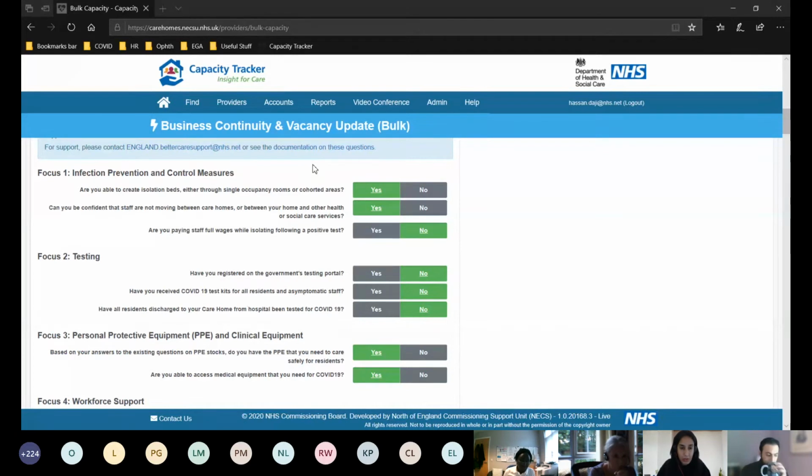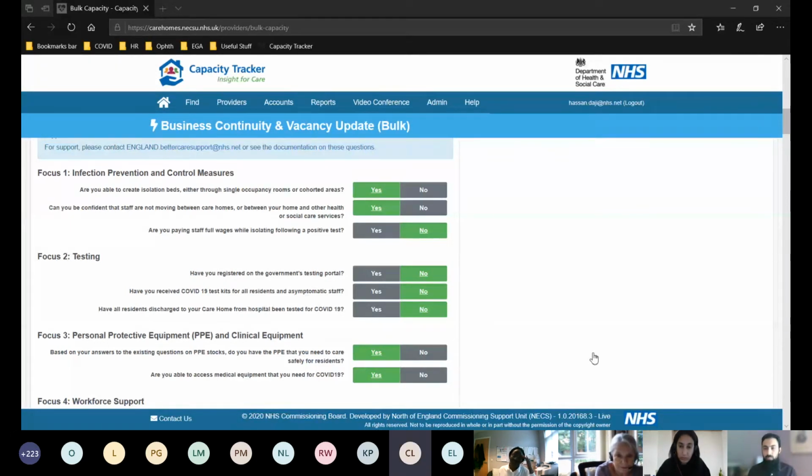I know London ADAS through the Market Insight Tool are collecting information, but the national government guidance is everyone has to complete the Capacity Tracker. I recognise some of the questions are similar, but for the purposes of the grant money and the outbreak questions, Capacity Tracker is mandated for everyone to use.